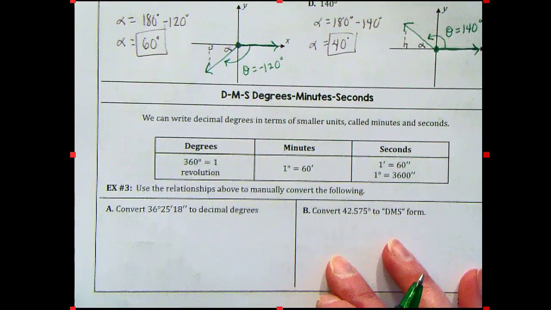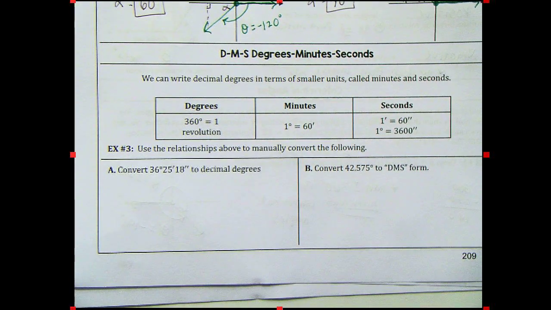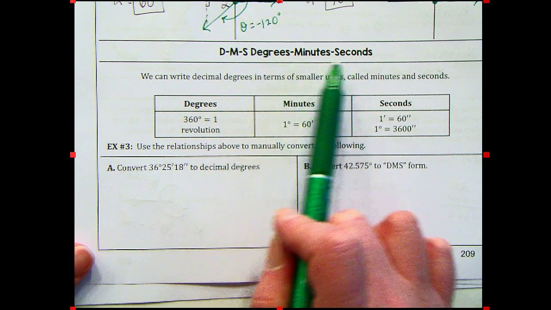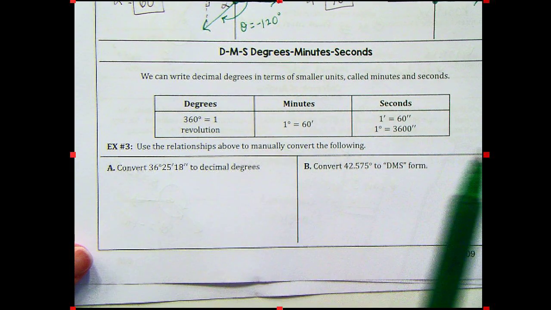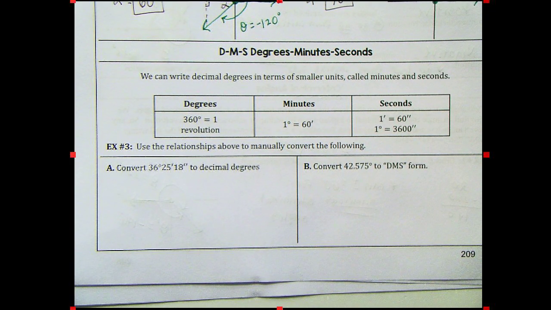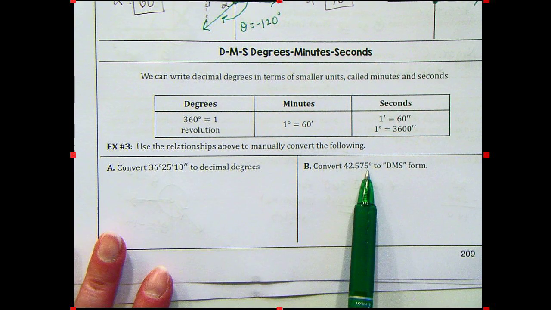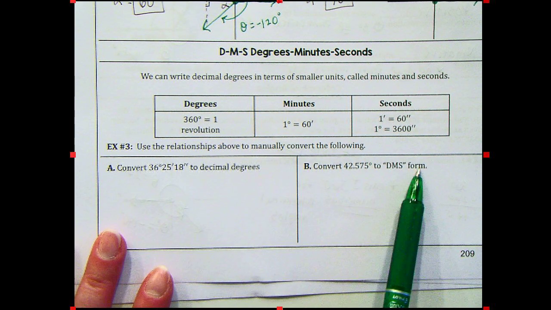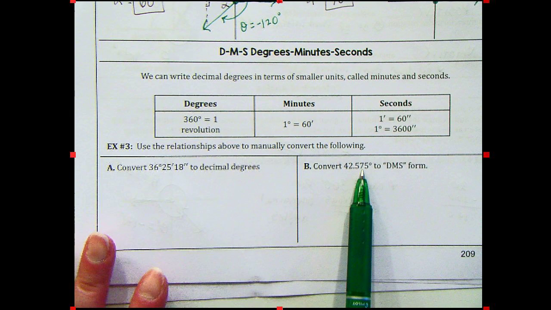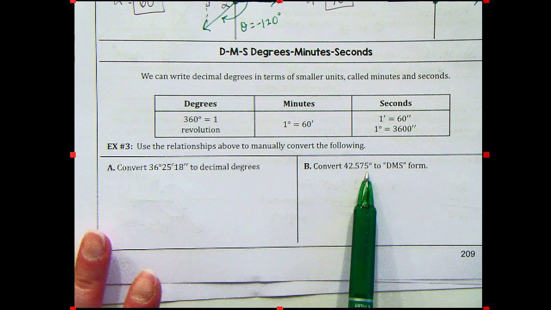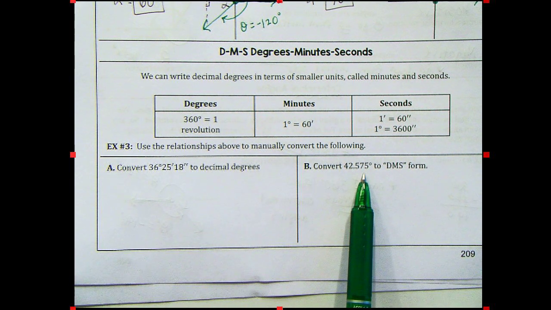The next topic is switching decimal degrees to DMS, which is degrees, minutes, seconds. Degrees, minutes, seconds is a more accurate representation of decimal degrees. So if I have something like this, 42.575 degrees, if this decimal would keep going on and on, and I was, say, flying a plane, I wouldn't be able to round these values, because every time you round a value, if you're flying a plane, you're not going to end up where you're supposed to be going.